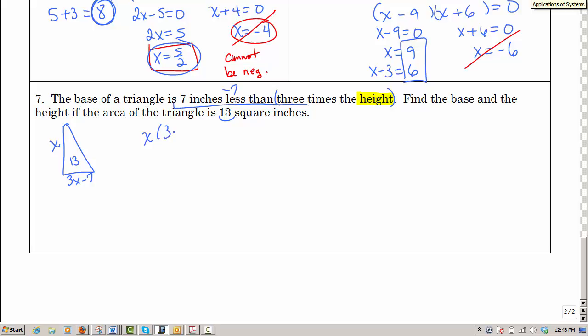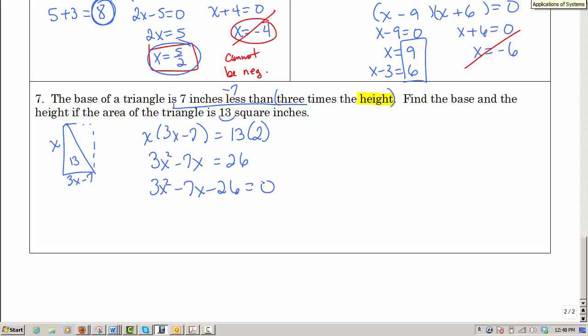So again, I'm multiplying these together. Not equals to 13 because that would be a rectangle, times 2 because 2 triangles make a rectangle. So just like the others, distribute, set it equal to 0, and now we factor.